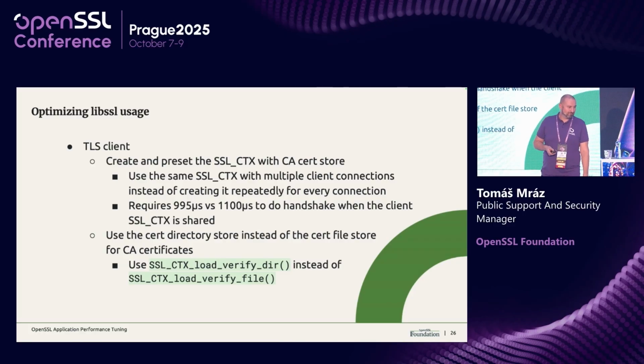If you need to create multiple connections, you should create the SSL context and preset it with the CA certificate store, and use the same SSL context with multiple client connections instead of creating it repeatedly for all connections.